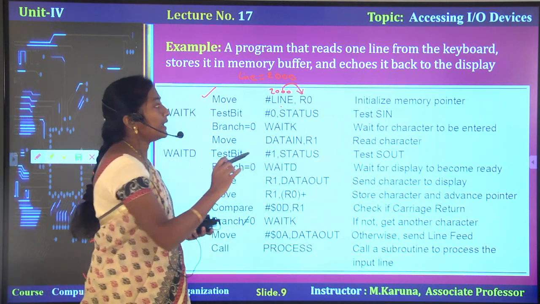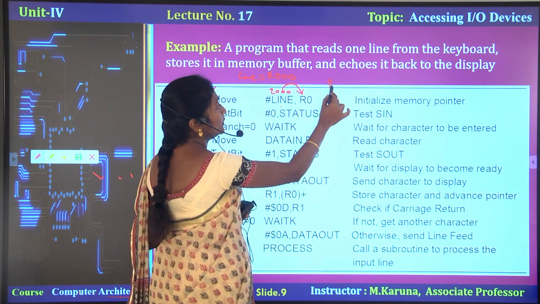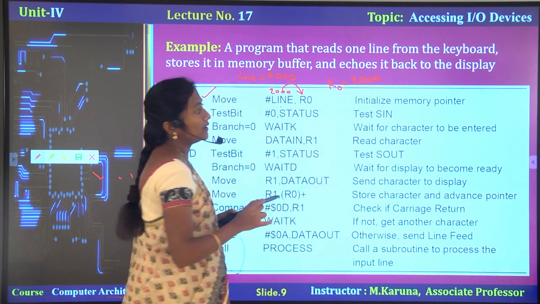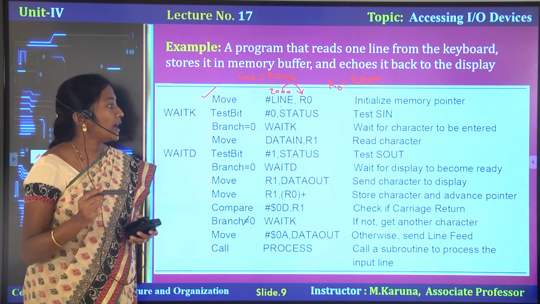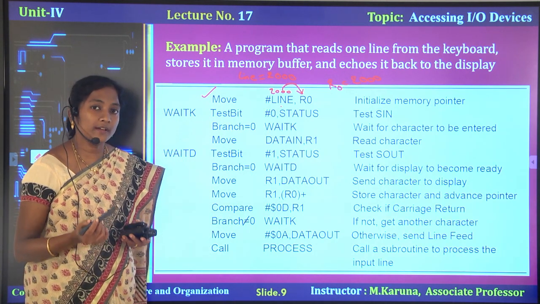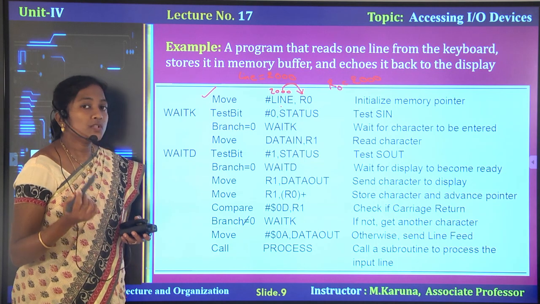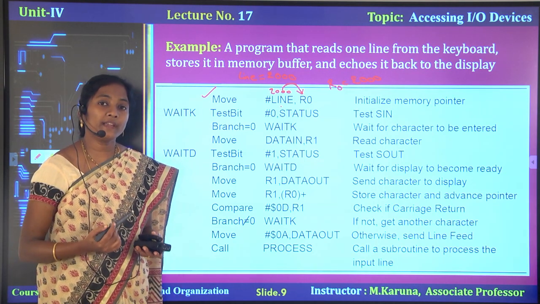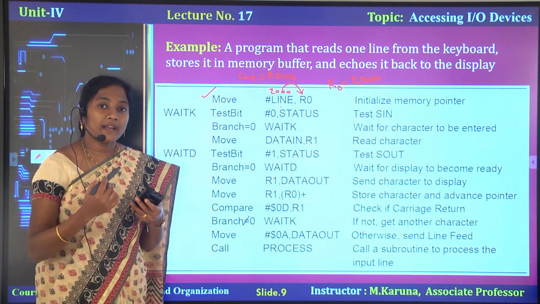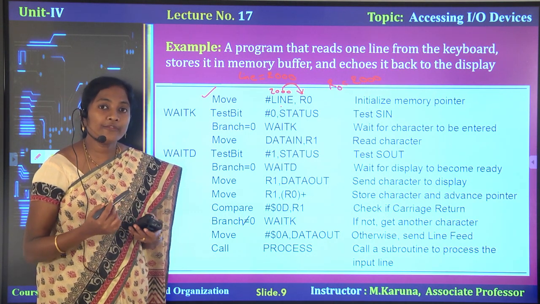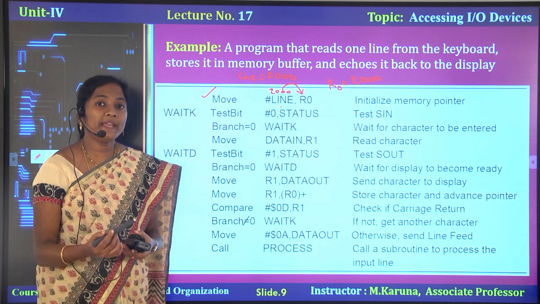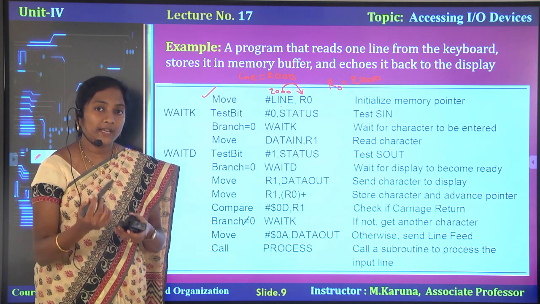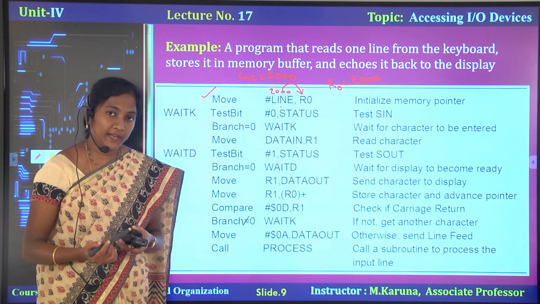Here R0 is used to save the address of the characters that are to be displayed on the display device. We are going to read the data from the keyboard and transfer those characters of the line to the memory locations. After that those characters will be displayed on the display device.